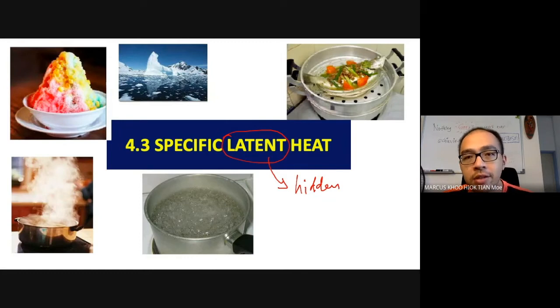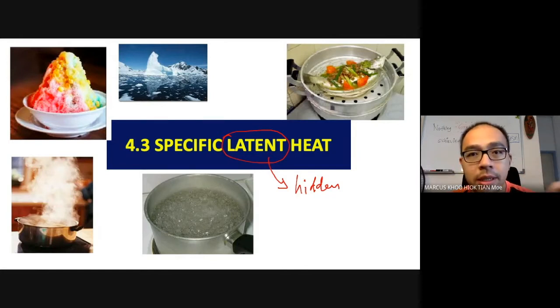When you provide heat to something, the temperature of that thing will increase. But there will come a time when you provide the heat, and then you're like, how come the temperature is not increasing? You put the thermometer. Say for example, you want to panaskan air, you want to heat up water. Initially, when you are heating up water, temperature increase, temperature increase, temperature increase.